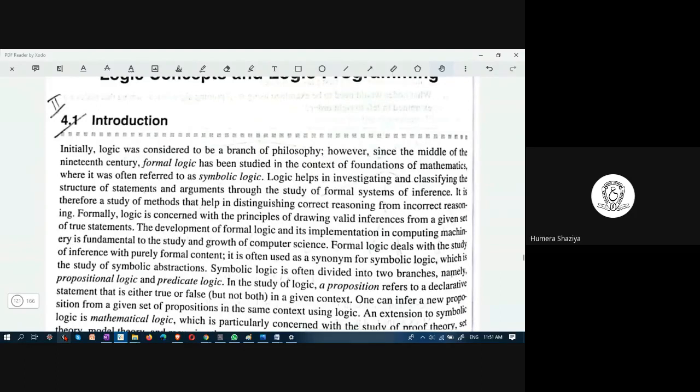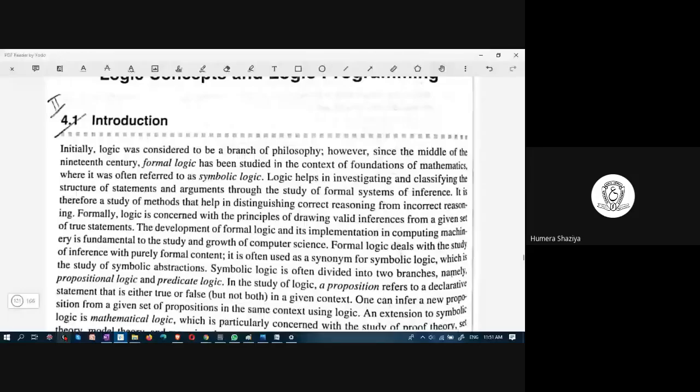What is logic? Have you heard about propositional logic and predicate logic? What is logic?